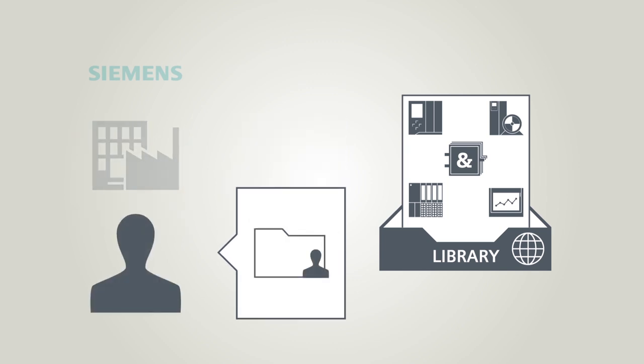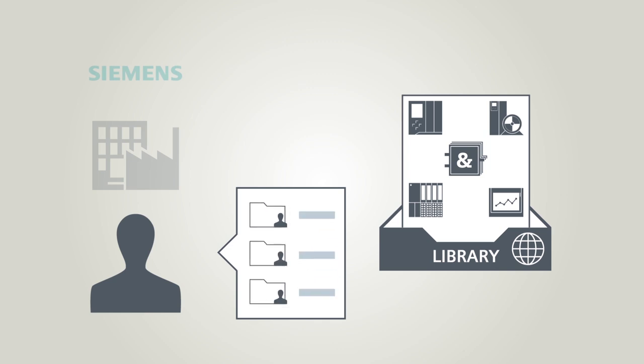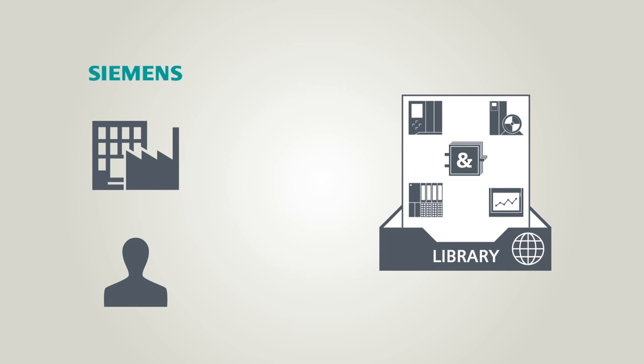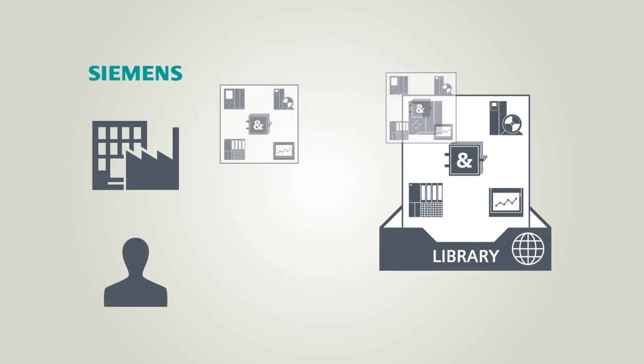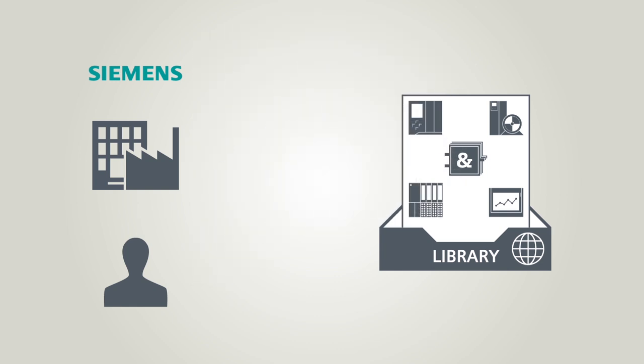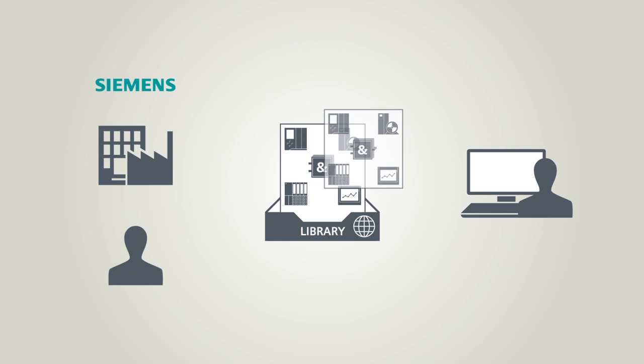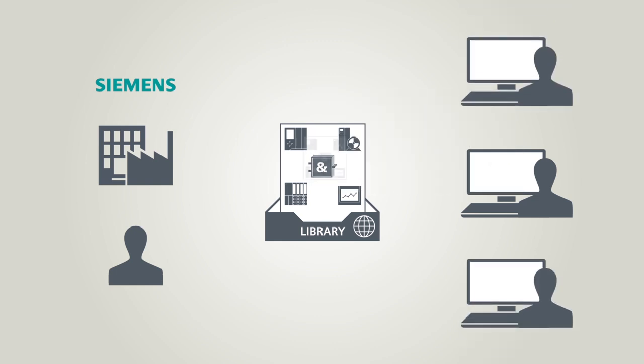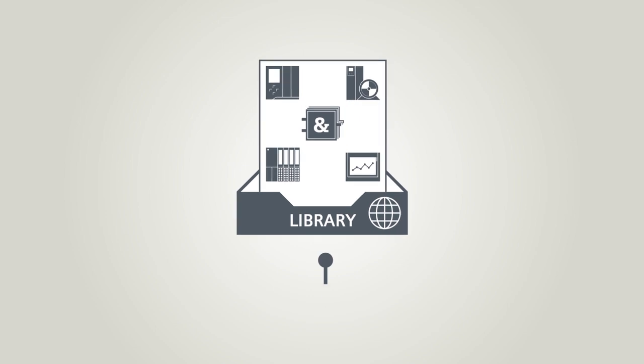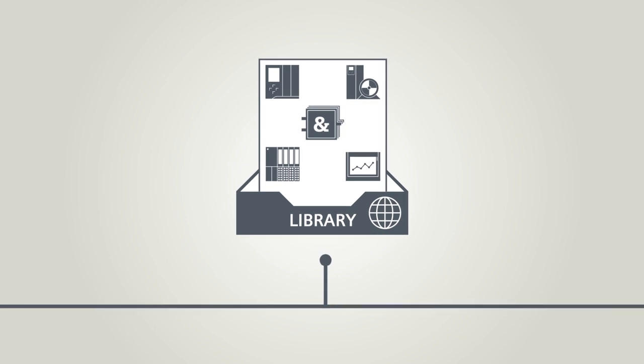User libraries are libraries that each technician can create and use for themselves. Global libraries are independent of individual projects and can therefore be passed on to other users. You could, for example, store global user libraries on a network drive to allow general access.